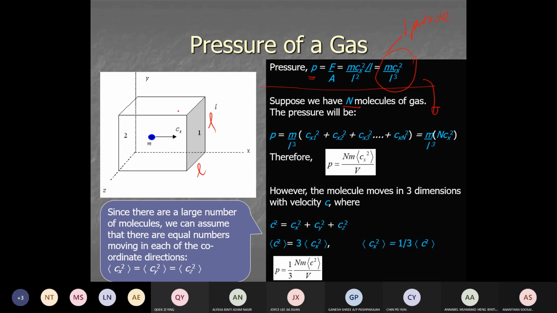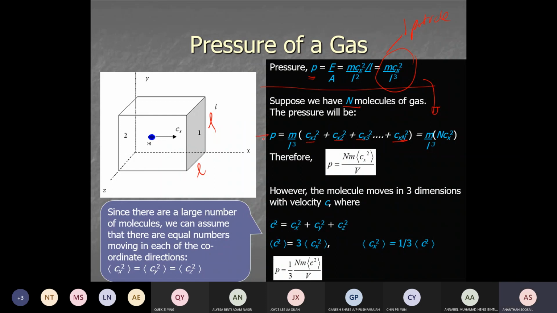That means, what is the total pressure going to be? The pressure just now earlier we found was m cx squared over L cube. The m c squared is actually the mass and the speed of one particle. But if you have n particles, the c needs to be added for all the particles up to the nth particle.